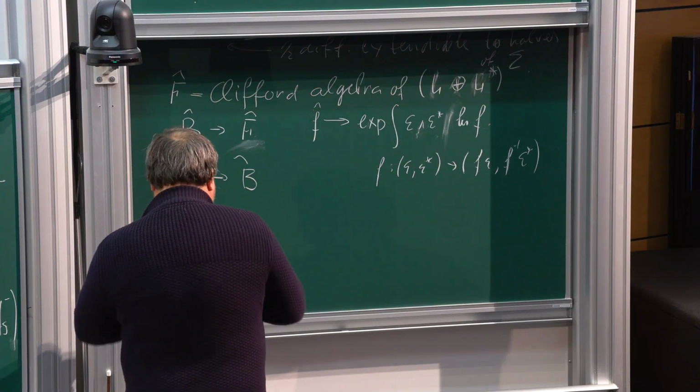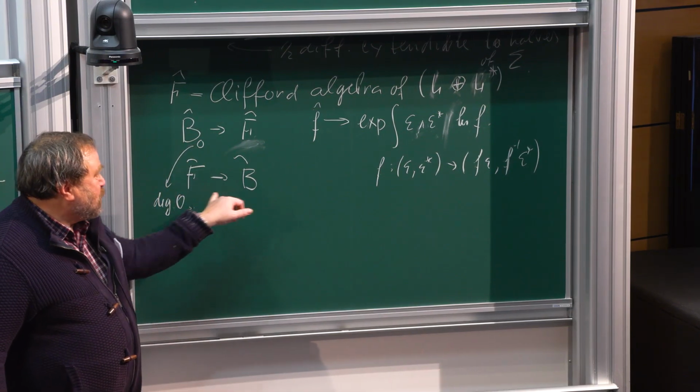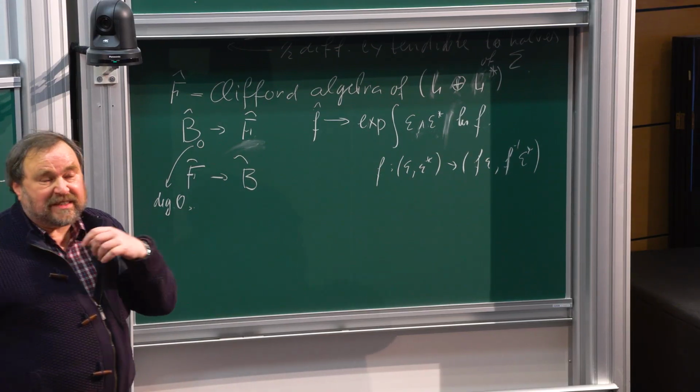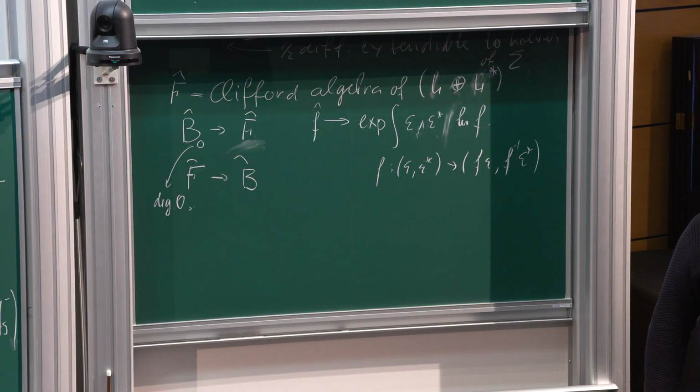I also wanted to explain how to go the other way around. There is a formula which is essentially a vertex operator, but in terms of symbols it's easier to write.